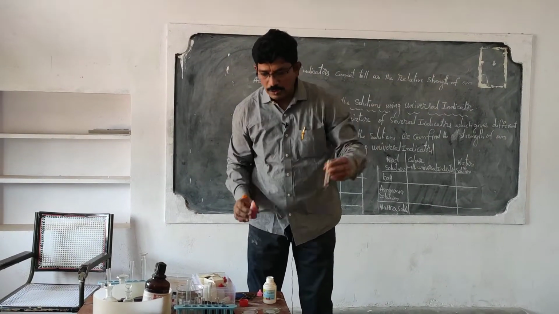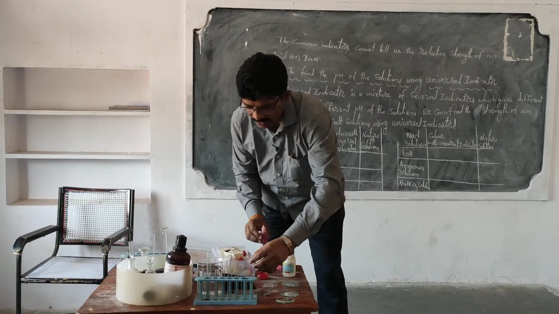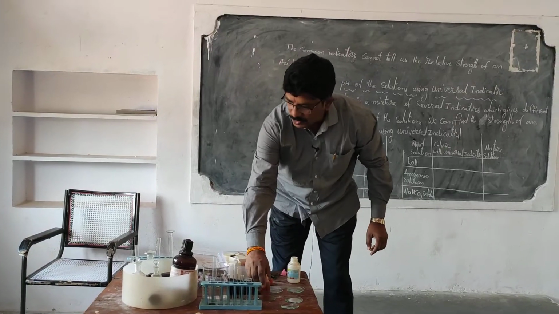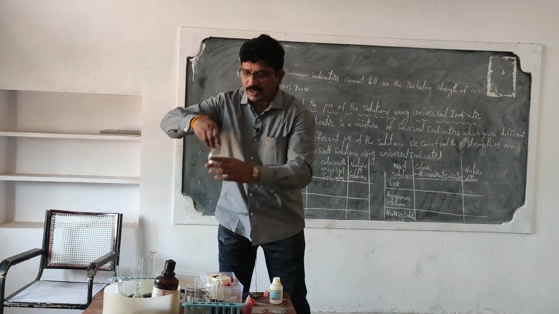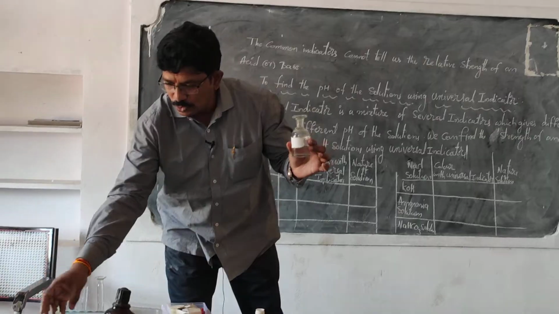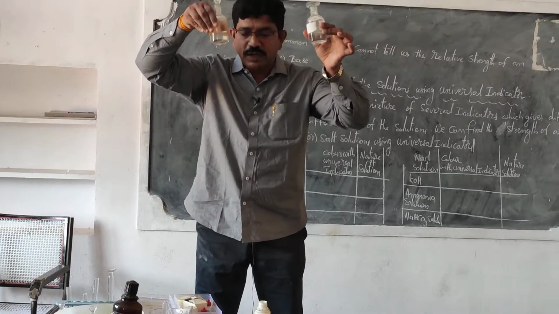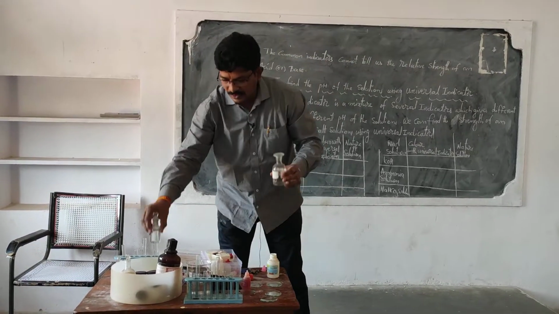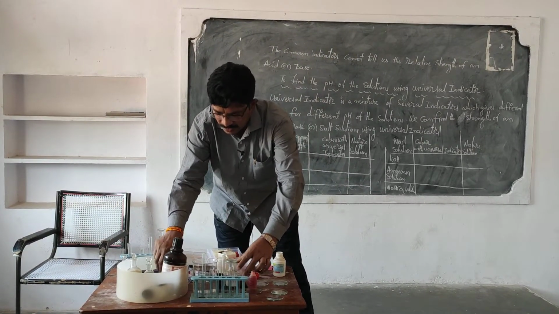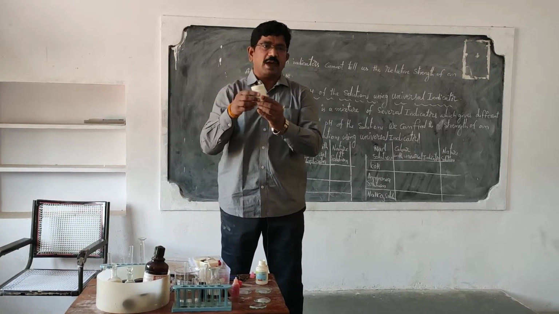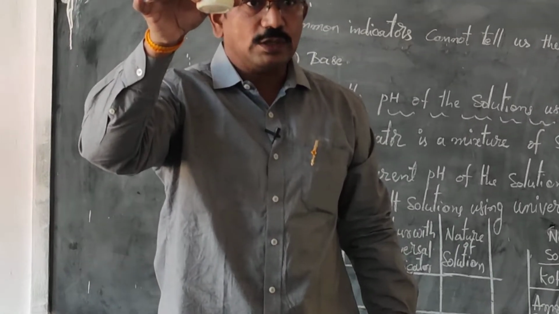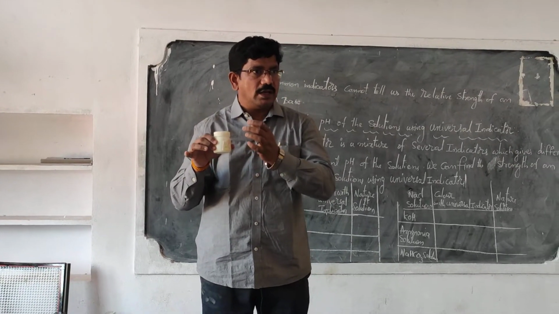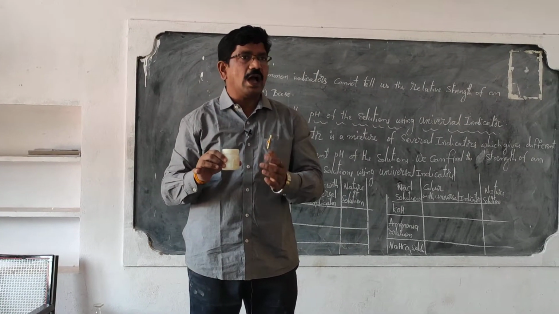Are you clear? Now see, by observing the solutions, there are different solutions with me. Next I have taken this solution also. This is the potassium hydroxide solution. Can you say whether this solution is acidic or basic?